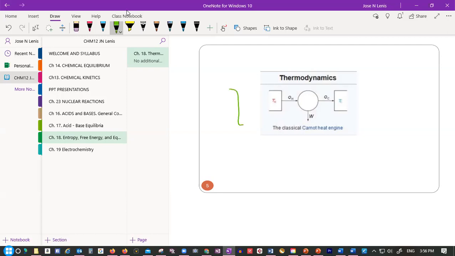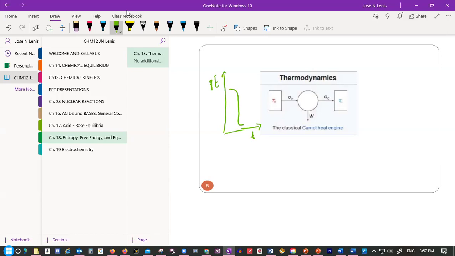So we have here potential energy over time. Natural processes like to go from high potential energy to lower potential energy.